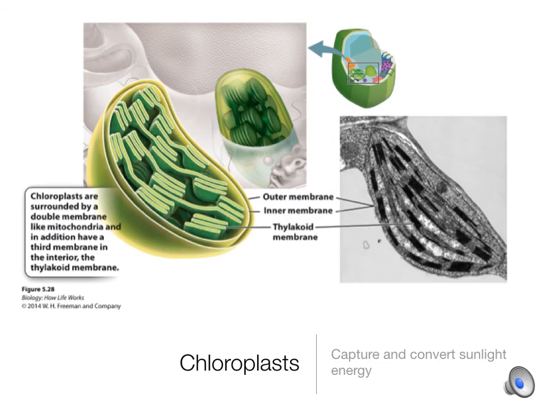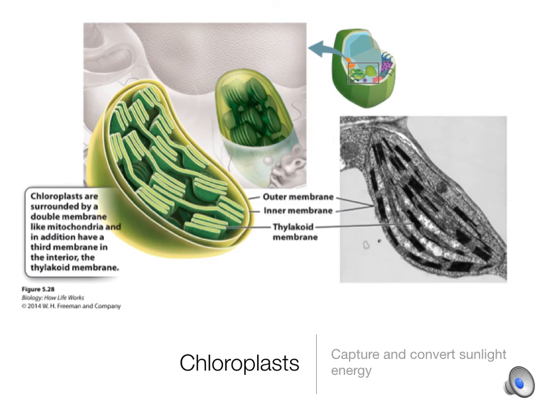The last organelle I wanted to cover with you is the chloroplast. It is an organelle that is specific to cells that are able to do photosynthesis, so plant cells. Again, it is an organelle that is embedded in two membranes, so a double membrane, basically 4 layers of phospholipids.